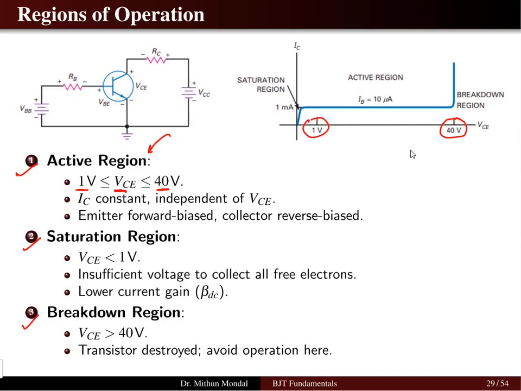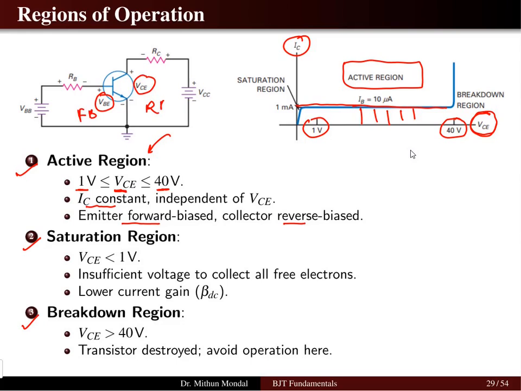In the active region, the collector current will be constant, and it is independent of the change in VCE. Whatever VCE you are changing, it doesn't change the collector current. The emitter is forward biased and the collector is reverse biased. So your base emitter junction will be forward biased, and the collector junction will be reverse biased.